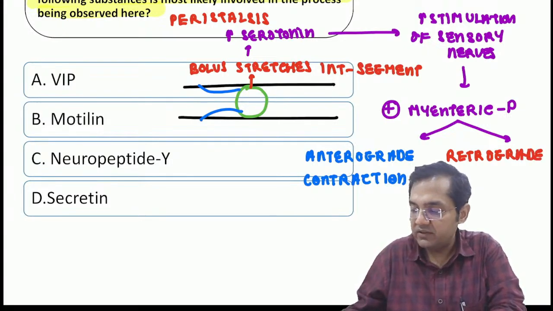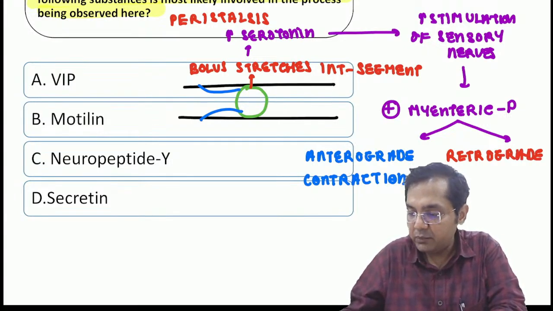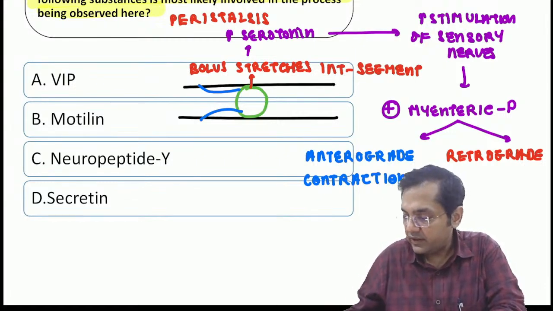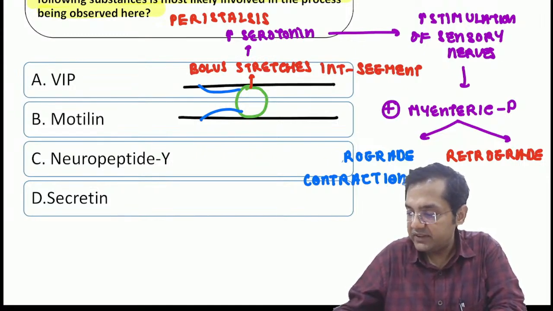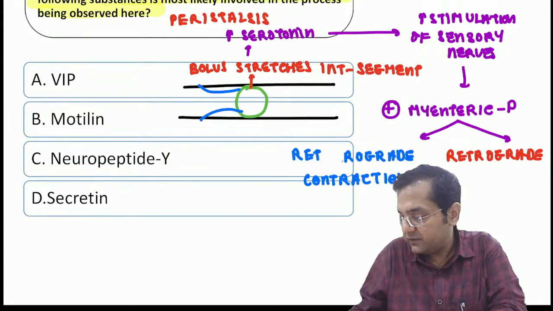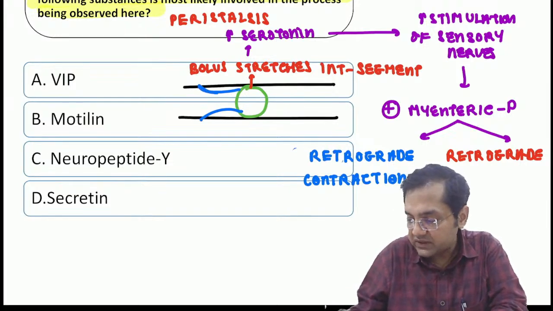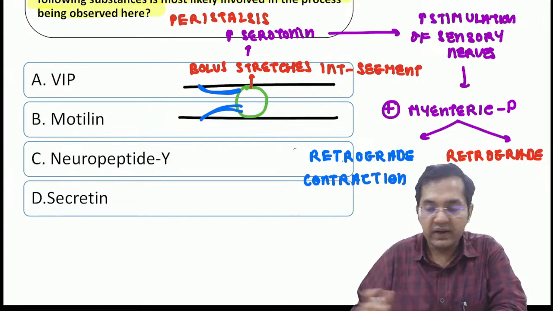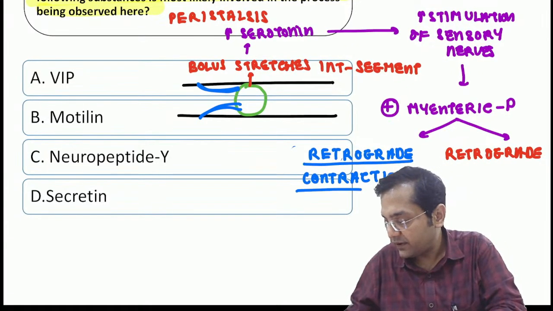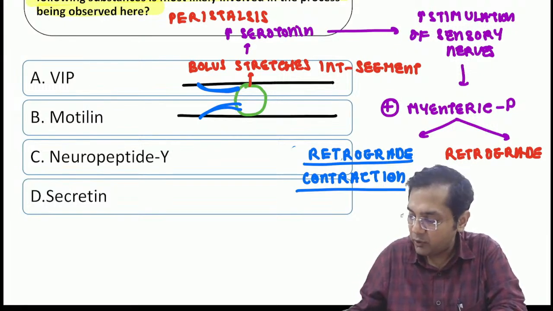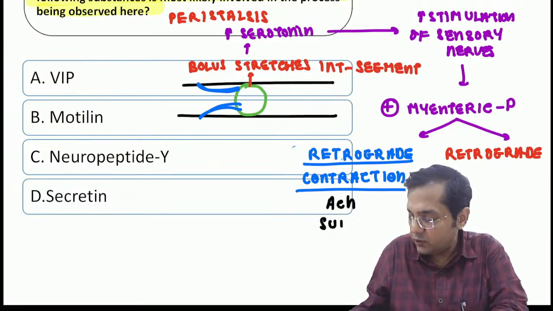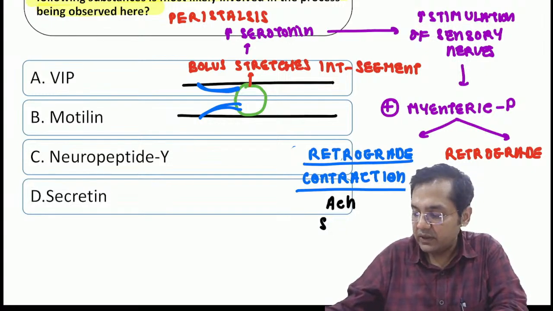So what we observe is, in the part which is behind the bolus, sorry, I think I just spoke the other thing, so I'll correct it. In the part which is behind the bolus, there is going to be retrograde contraction, right? So this part which I'm showing you over here, there would be contraction. This retrograde contraction occurs due to, very important question, acetylcholine and substance P.